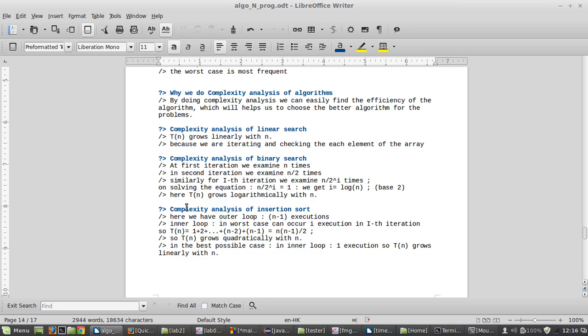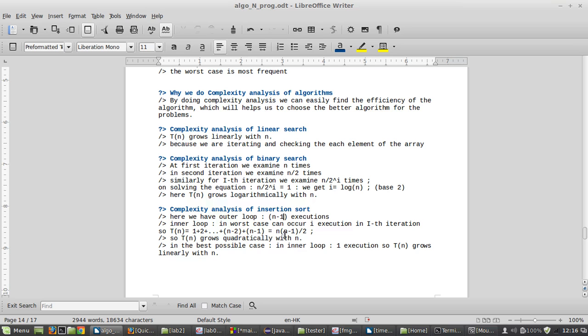And now similarly we try to do the complexity analysis of insertion sort. As I have noted, I clearly described insertion sort in my previous session on algorithms. If you check from there, you will see that there are two loops, an inner loop and an outer loop.